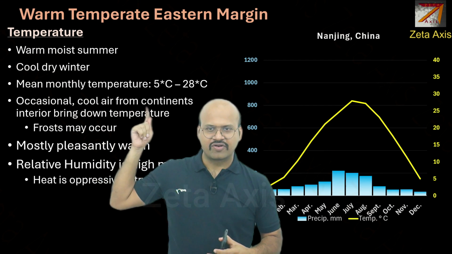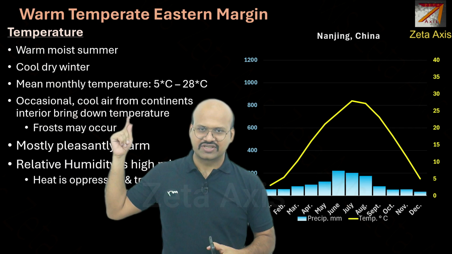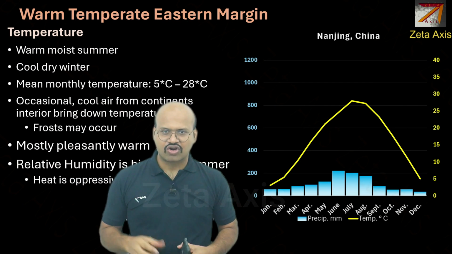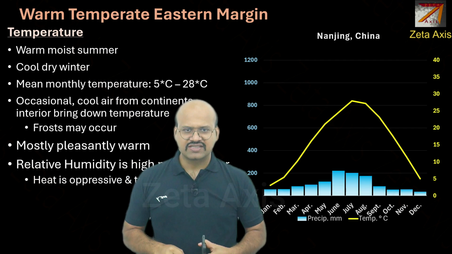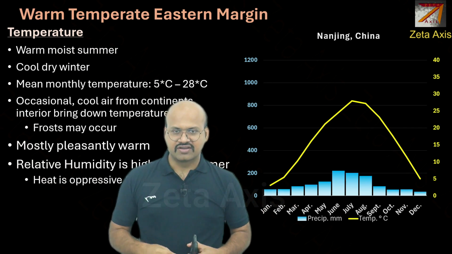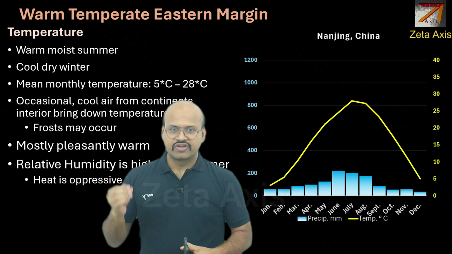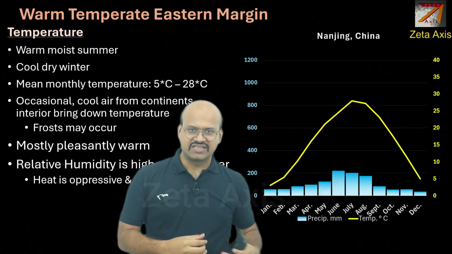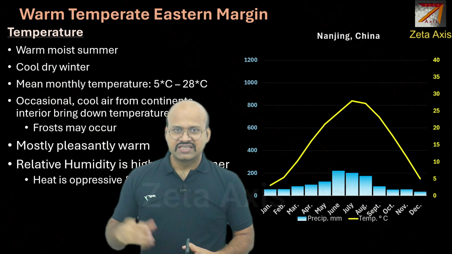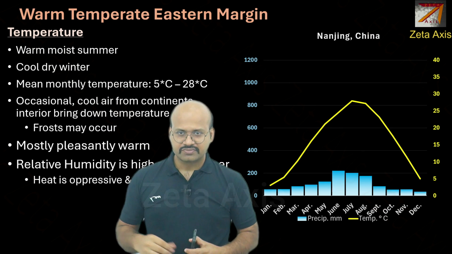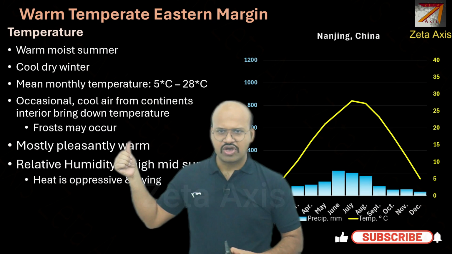Occasional cool air from the continent's interior brings temperature down. Frost can also occur. Because they are on the eastern margins, cold air from the continental interiors, from the interior of Asia or from the interior of the US like the prairie, can reach these coastal regions and decrease the temperature, due to which frost may occur.